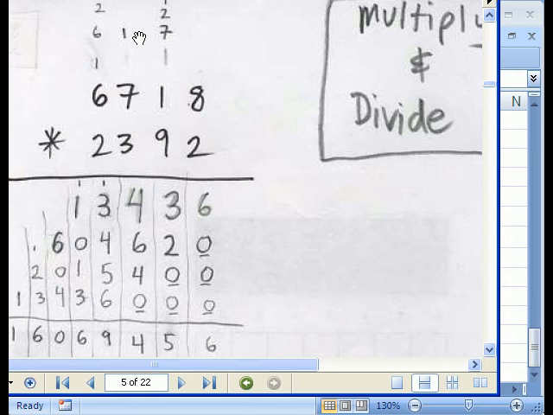Notice I was very careful to put all of them on the same line when I'm doing the second one. So I have a 1 there. 9 times 7 is 63. But we have to add 1, so we put the 4 down there. We put the 6 all the way up there. Finally, we were left with 9 times 6, which is 54, plus the 6 is 60, and you put it right there.